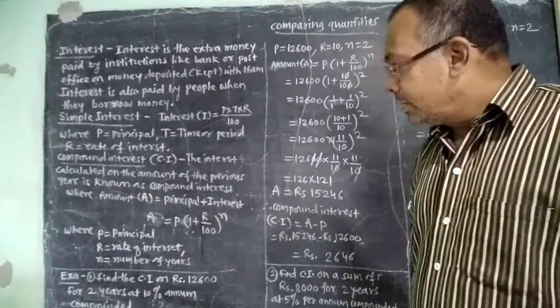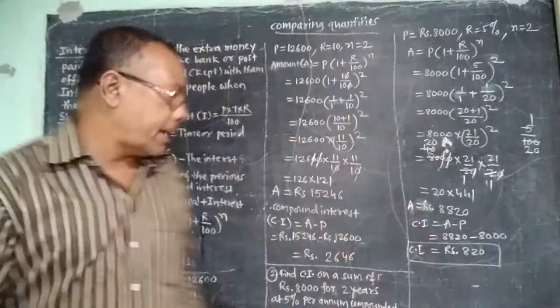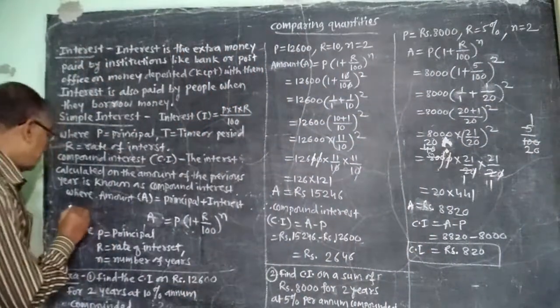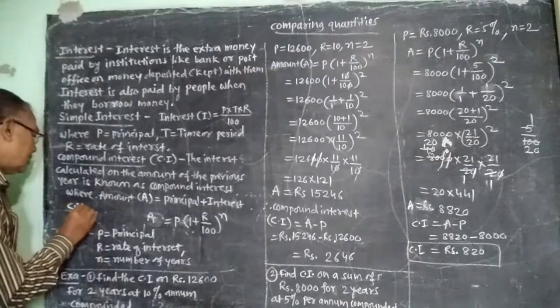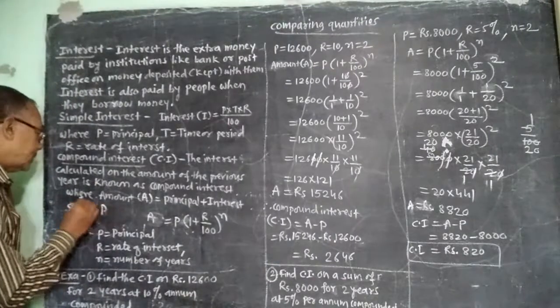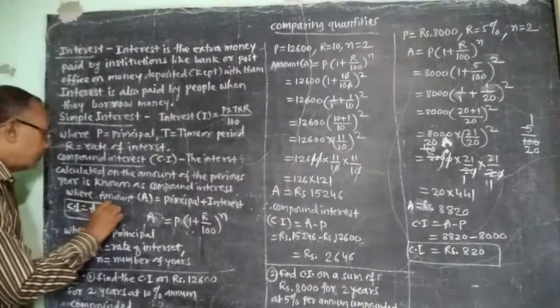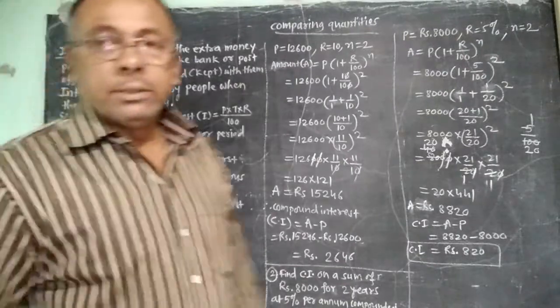So here we can write that CI is equal to A minus P. That is our formula.